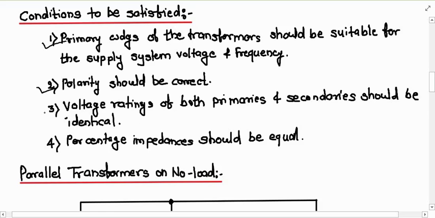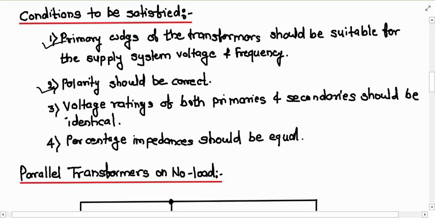The third condition is that the voltage ratings of both primaries and secondaries should be identical, or in other words, the transformers should have the same turns ratio or transformation ratio. This will avoid no-load circulating current across the load bus bar.